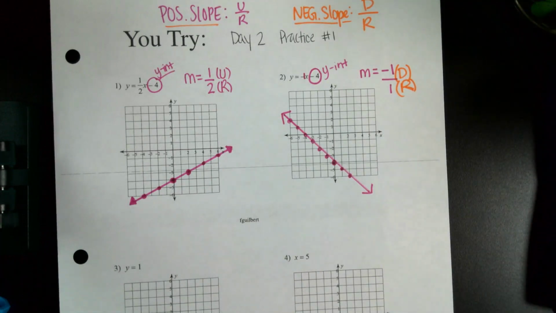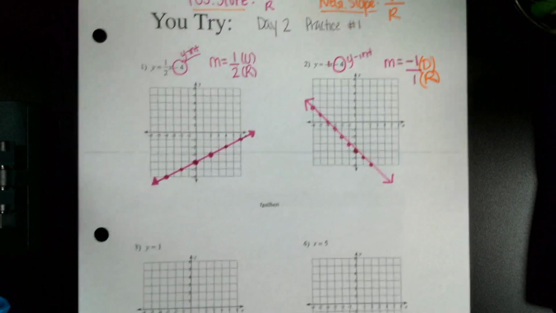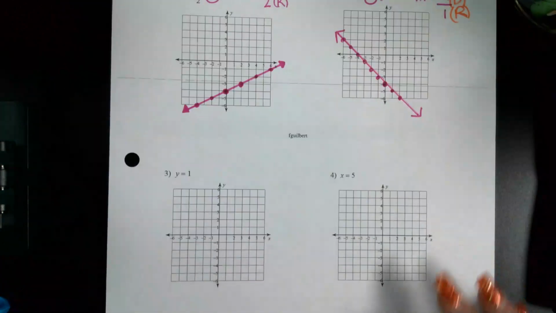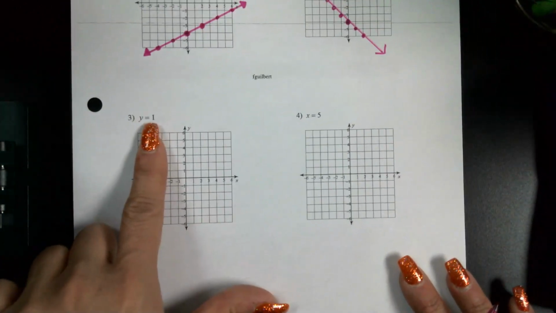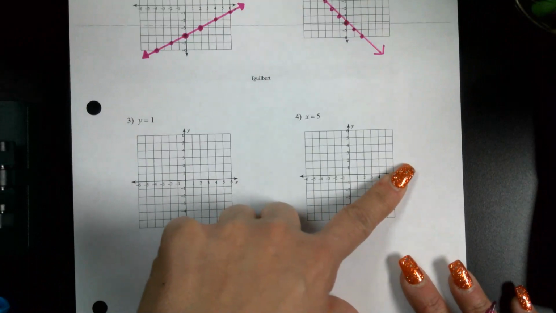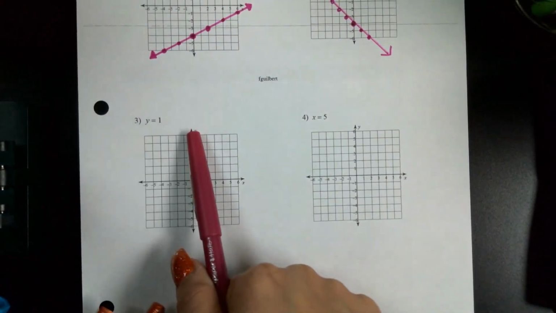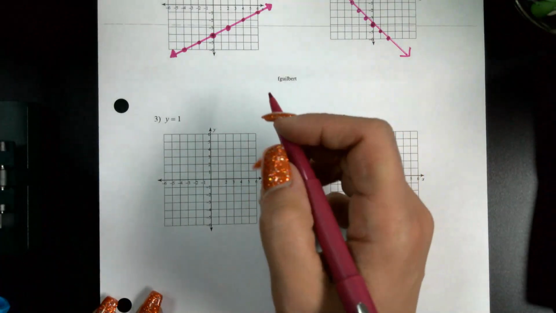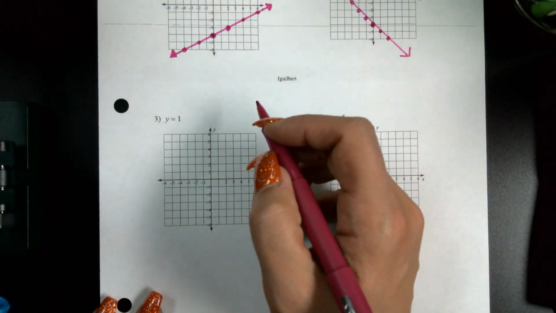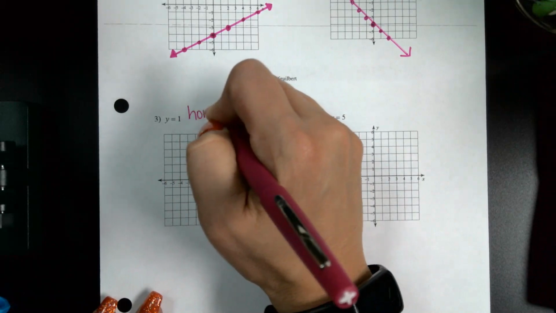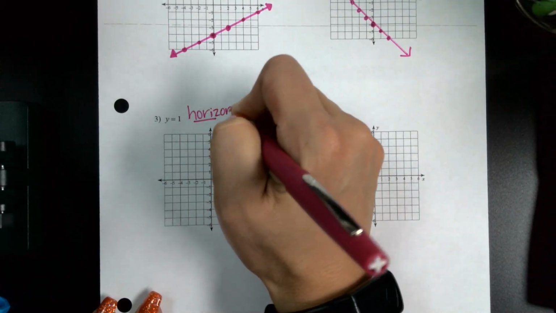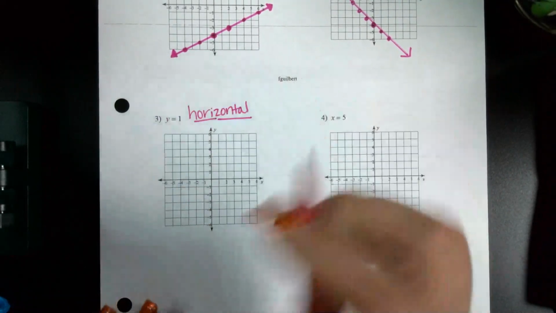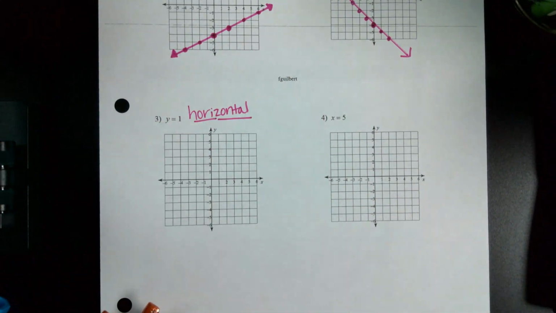Now the last two are the ones where it's just y equals a constant and x equals a constant. Okay? So the y equals a constant, is that vertical or horizontal? Horizontal. It's the opposite of what you think, because when you think of y, you think this way, but the line goes this way.